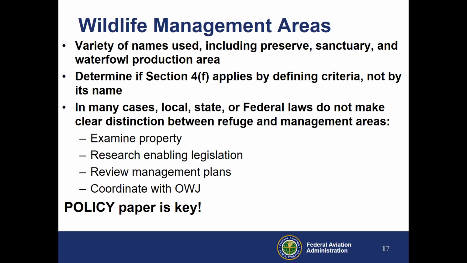And in many cases, there are local, state, or federal laws that did not make a clear distinction between the refuge and management area. So you have to really dig deep, examine the property, the enabling legislation for those resources, review the management plans for those types of properties, and coordinate with the officials with jurisdiction.